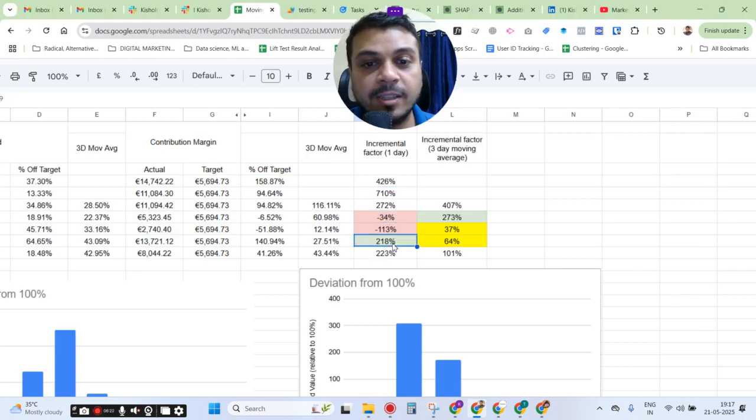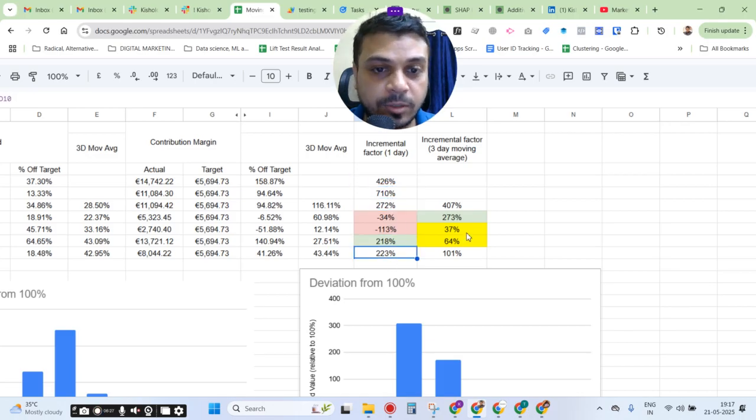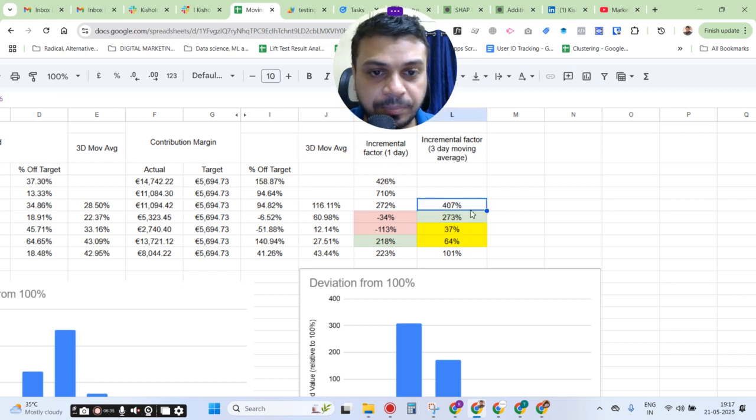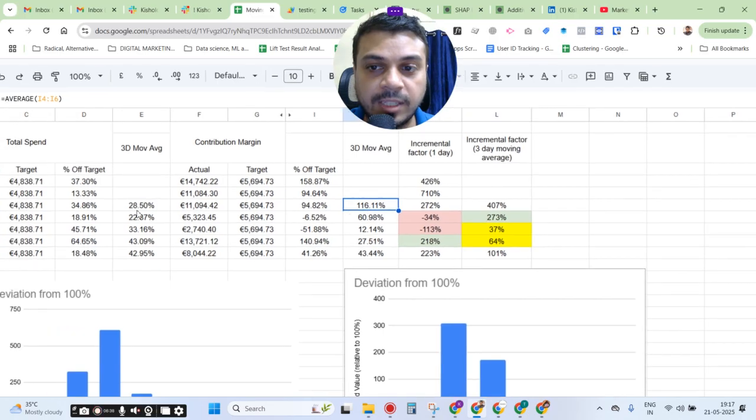Green is 218%. Obviously these will be in green as well, all the top three and the bottom one. I've just shown these few results here for comparison. This is the 1 day version, and if you look at the 3 day moving version, you get an even better picture. It starts from here, where you're taking the average of 116 and 28.5 as opposed to 158 and 37 there.